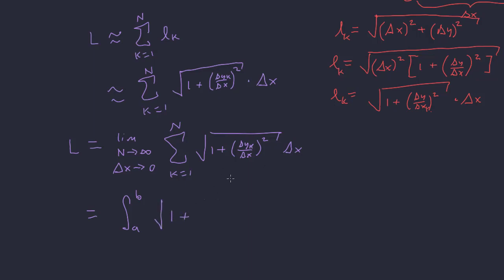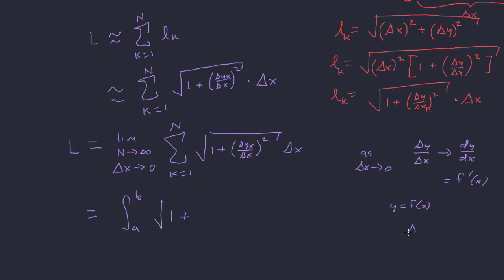The 1 stays the same, but delta y over delta x, well, as delta x shrinks down to 0, delta y over delta x shrinks down to dy dx, which in this case, since y was f of x, that's going to be f prime. Okay, and it's really f prime of x, but yeah, f prime. It's the derivative.